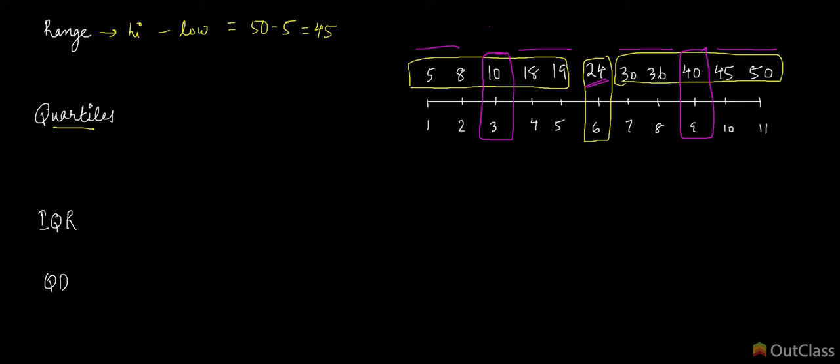There are actually 3 quartiles, Q1, Q2 and Q3, which divide the set of observations in such a way that there are the same number of observations below Q1 as well as above Q1 but below the median. Q2 itself is the median. As many between Q1 and Q2 as there are between Q2 and Q3, and as many between Q2 and Q3 as there are above Q3. So that's basically what the quartiles are.